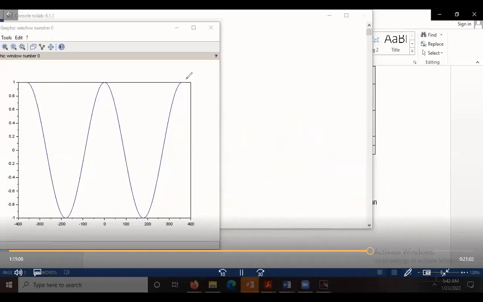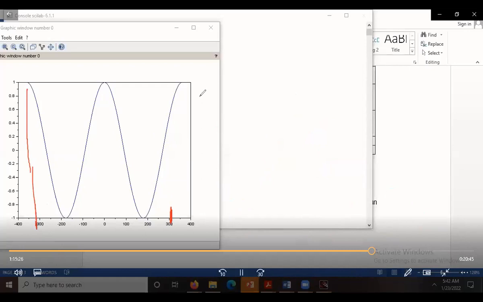Clearly we can see that given the domain, from negative 300 to positive 300 here, you realize that regardless of the value we give, y is always in between negative 1 and 1.